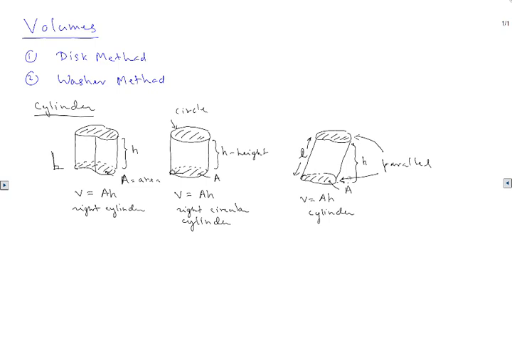The height is the distance between those two parallel bases. So we have the cylinder, the right cylinder and the right circular cylinder. Okay, so 1, 2 and 3. That's the kind of order. So that's one idea, because we can use this a lot. So how do we find the volume of a general cylinder?